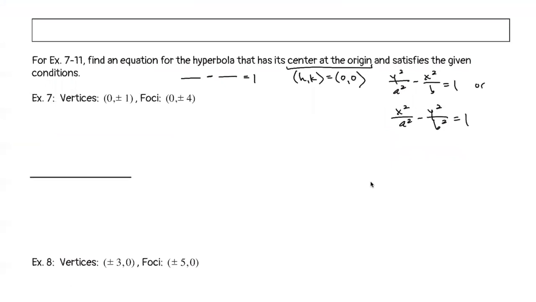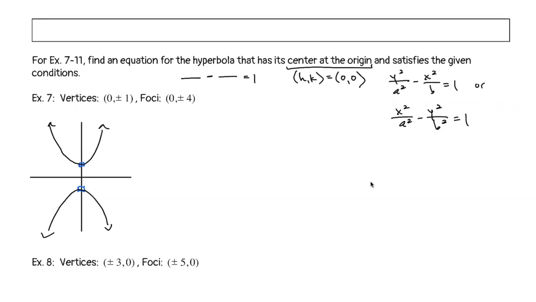So we've got an x-axis, we've got a y-axis. If I'm going to draw my vertices, I'm going to go 0 and then +1 and -1. All right. And so what that means is that my hyperbola sort of go this way and this way. Okay.